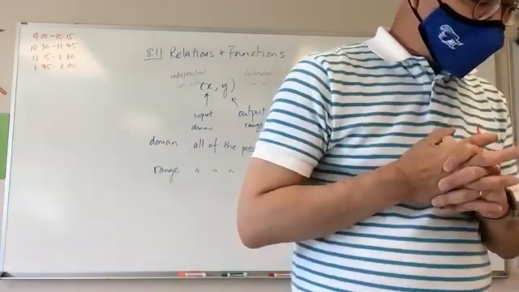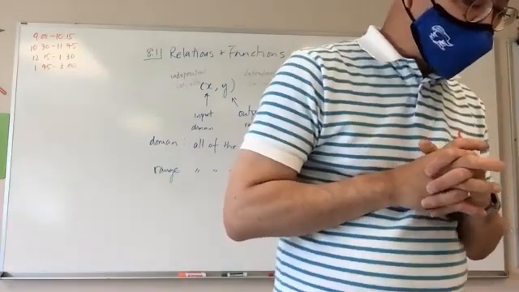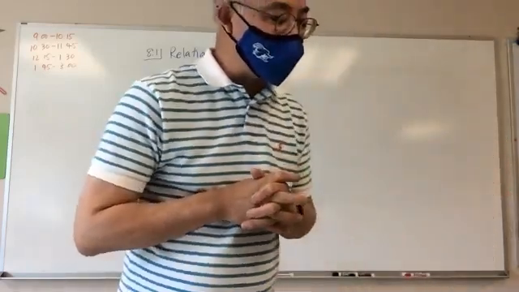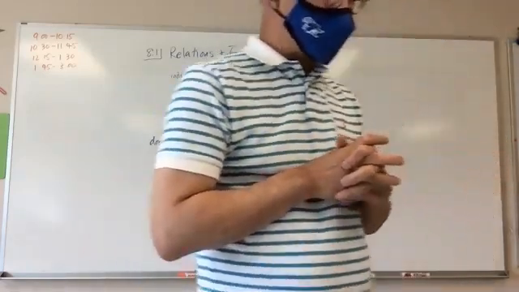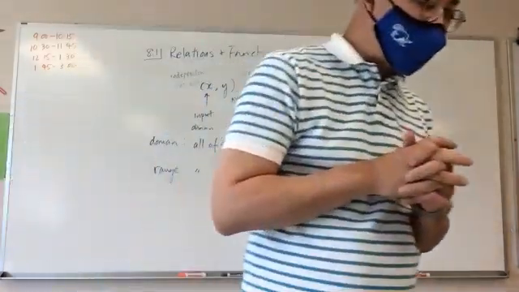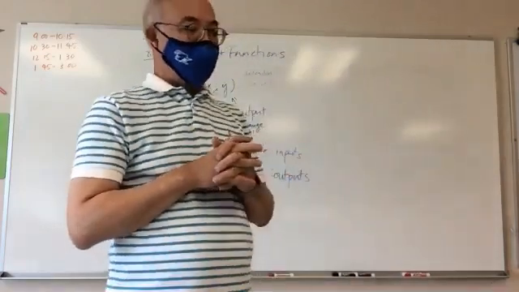B, identify the domain and the range of the relation given by the table below, which shows one alligator's length at different ages. For the one in the book, what would be my domain, Cooper?